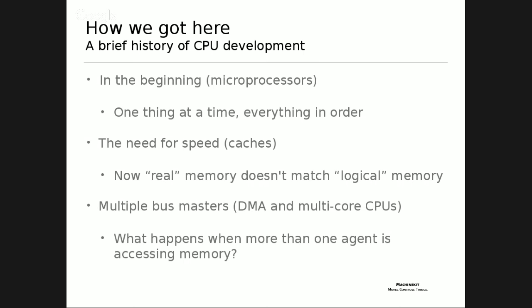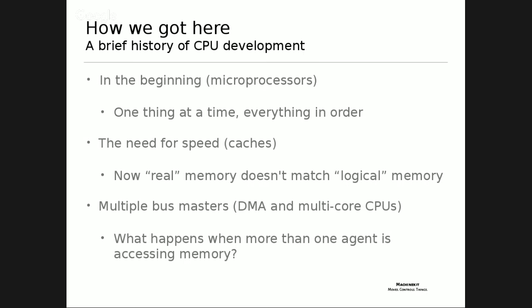So as computers got faster and faster, they started adding things like caches to speed up the access to memory. And all of a sudden, the real physical memory, what was visible outside the microprocessor, no longer matched the microprocessor's logical view of what memory was. You had write-back caches, write-through caches, other things.